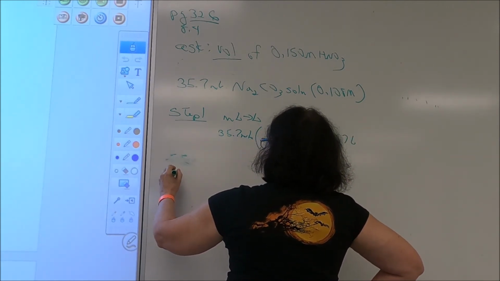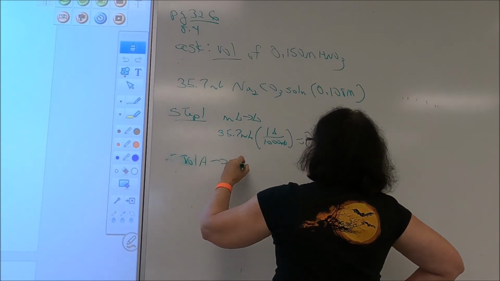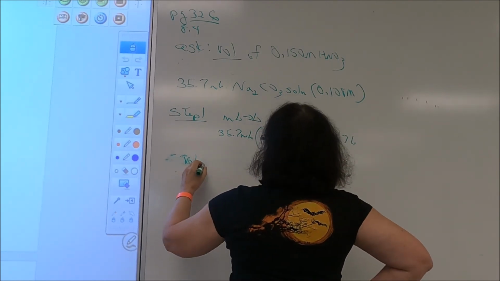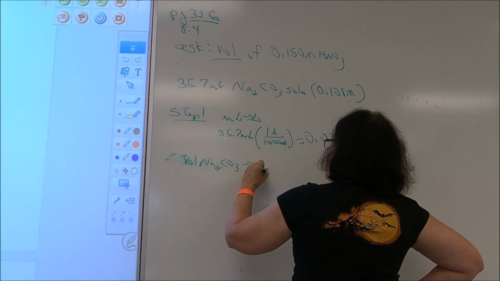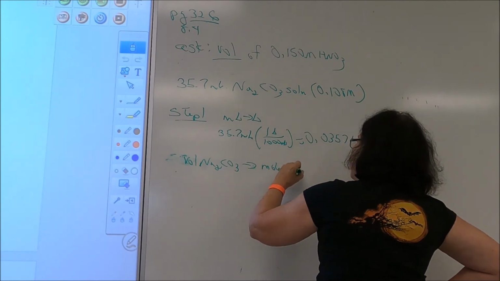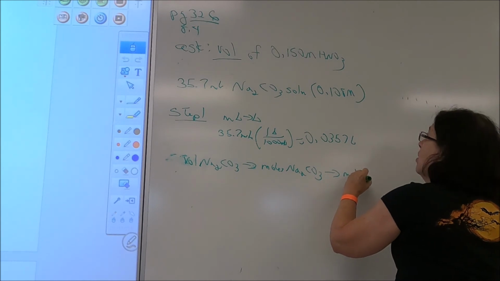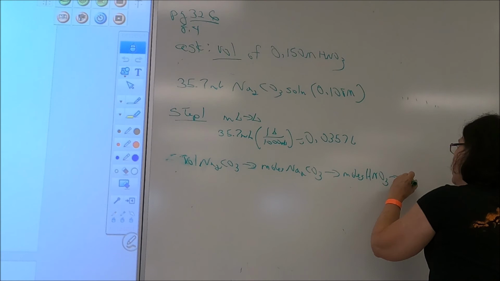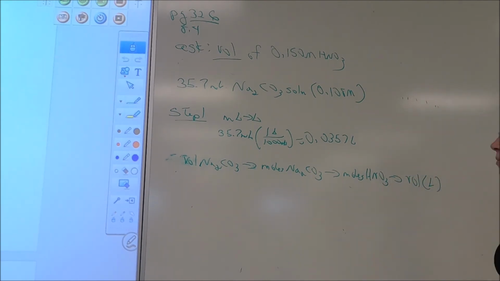Now I'm going to follow my bouncy ball pattern: volume of A, in this case A is my sodium carbonate solution, then moles of sodium carbonate, then moles of nitric acid, and then volume. When I do this, I'm going to get a volume in liters.